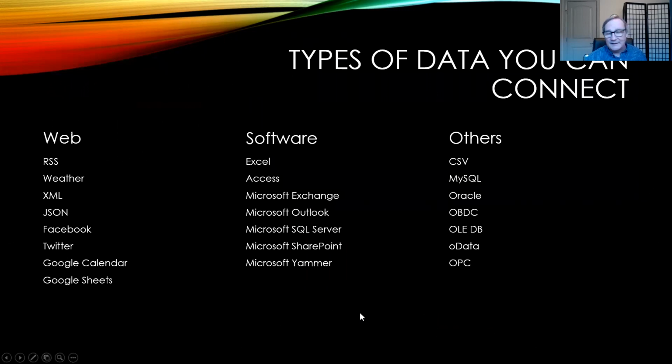I mean, on the web, there's RSS feeds, weather feeds, XML, JSON, Facebook, Twitter, Google Calendar, Google Sheets. We've mentioned Excel and Access, but there's also Exchange and Outlook and SQL Server and Microsoft SharePoint and comma-separated files, MySQL, ODBC. All of these can be connected directly to your PowerPoint. So you can be feeding data directly into your PowerPoint.